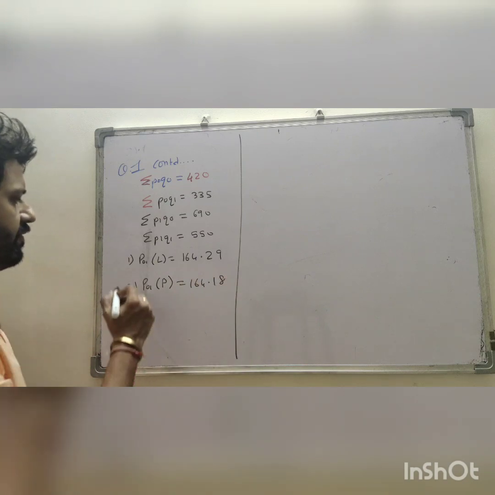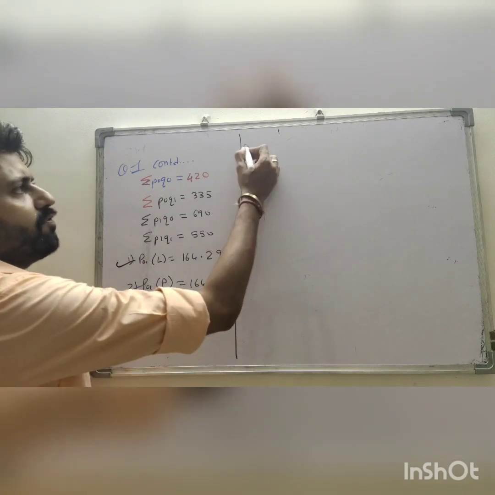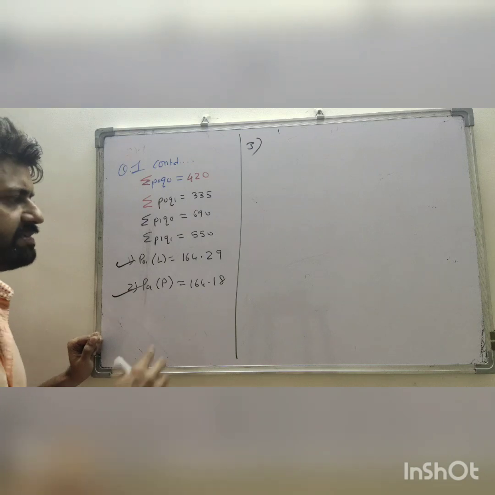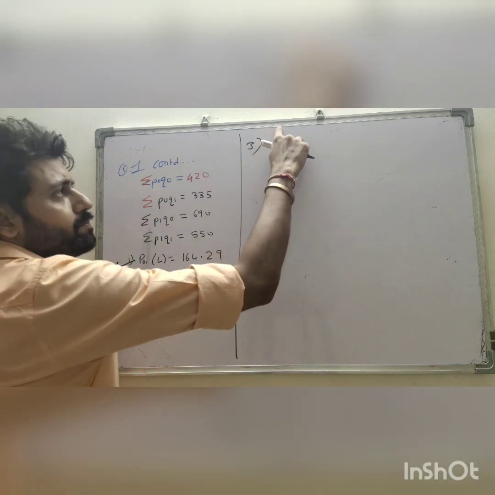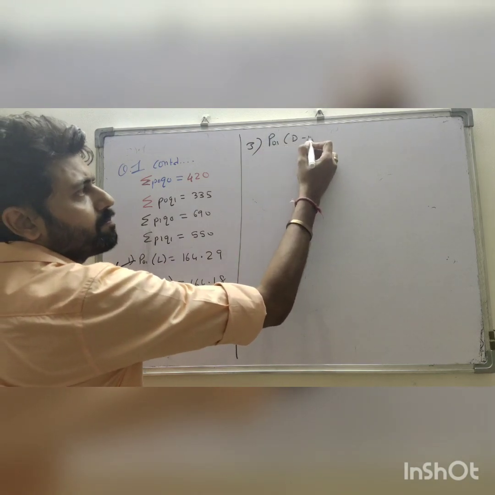Continuing the sum further, we have found the two price index numbers, Laspeyres and Paasche's. They are asking us to next find Drobisch-Bowley. So we write DB.